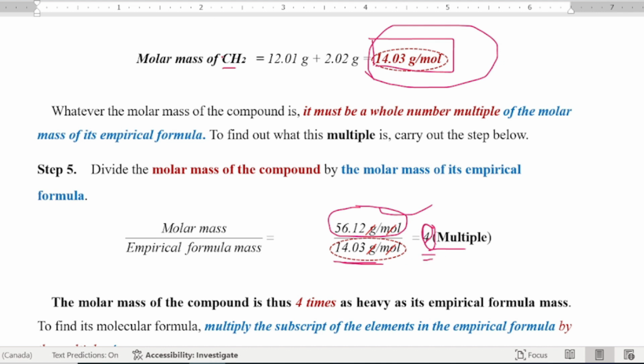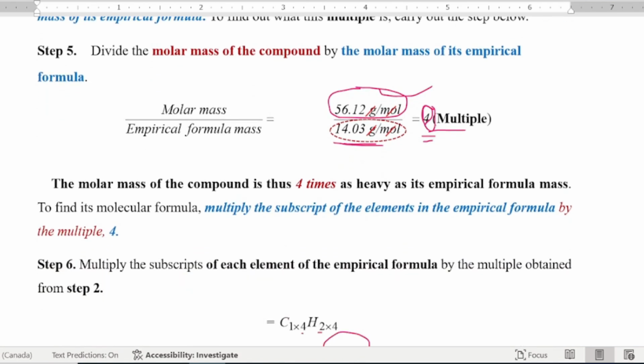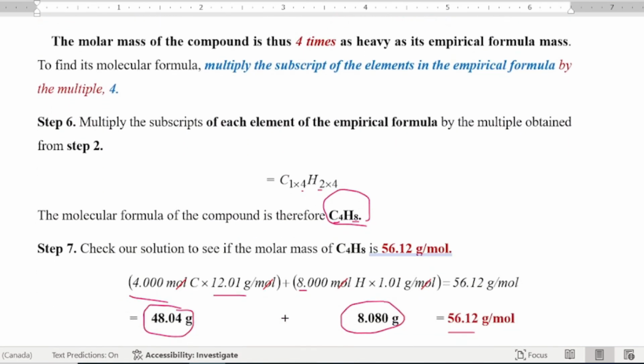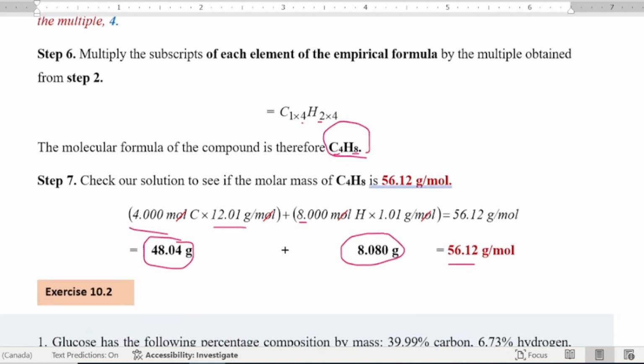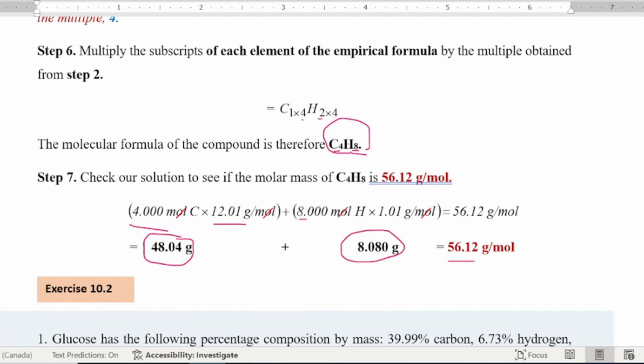You take that multiple and then multiply each of the subscripts here by it, and that will give you its molecular formula. And this is what it is in this case. So to know that you're correct, find the molar mass from this here and see whether or not it corresponds to the one that was given, and this is what it is.